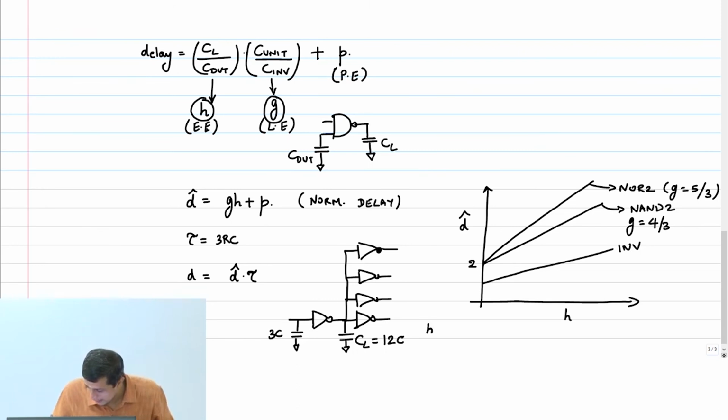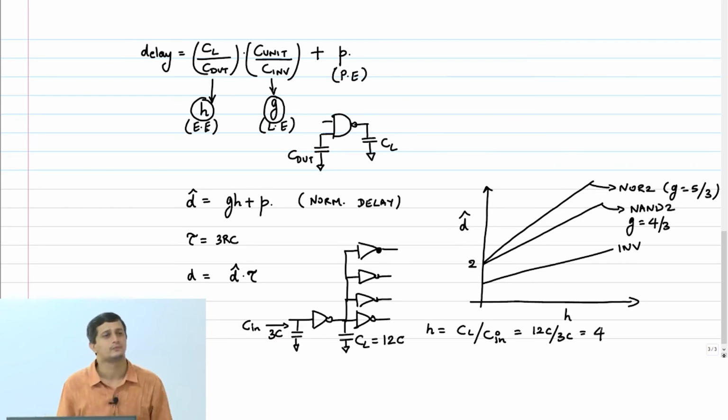Therefore, my H is going to be what? Output capacitance, C load divided by C input, whatever input capacitance you are going to see here. This is C in, and that is 3C. So you can write this as 12C by 3C equals 4.